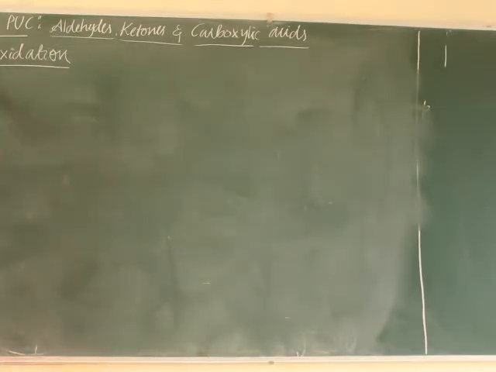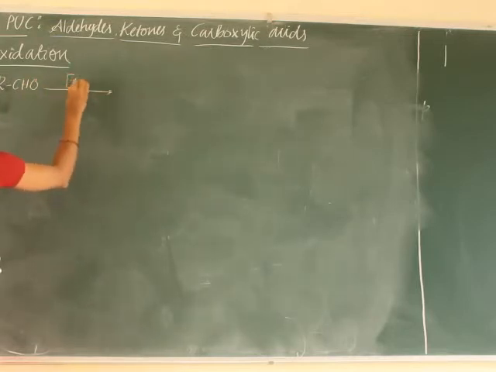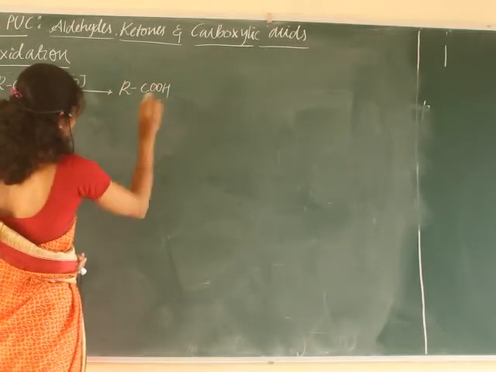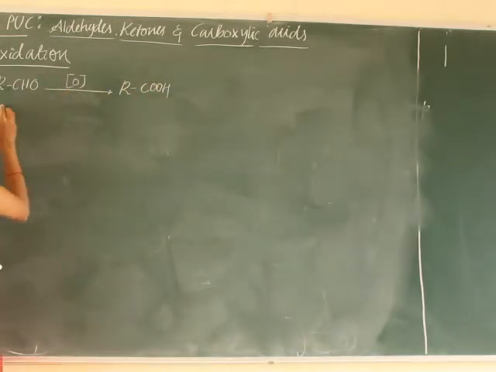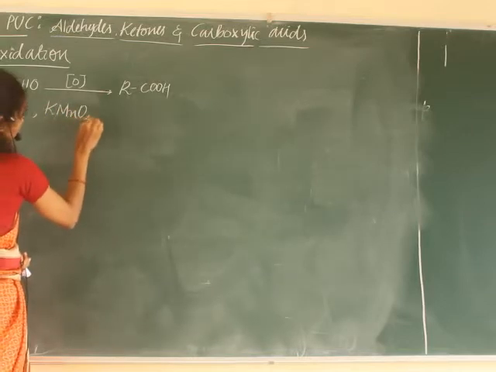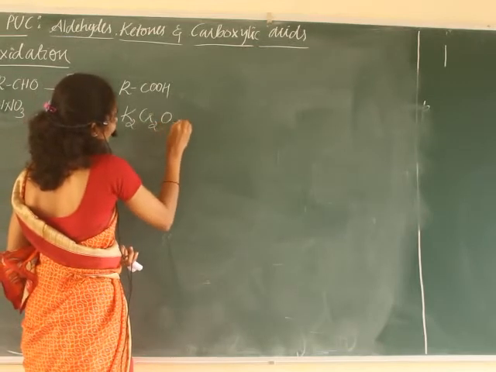That is the third reaction: RCHO on oxidation will give RCOOH, in oxidizing agents like nitric acid or potassium permanganate or potassium dichromate.